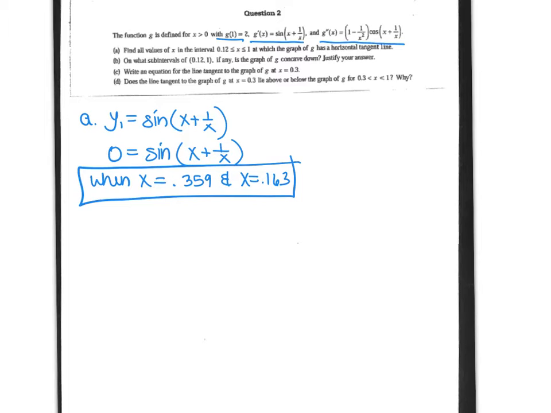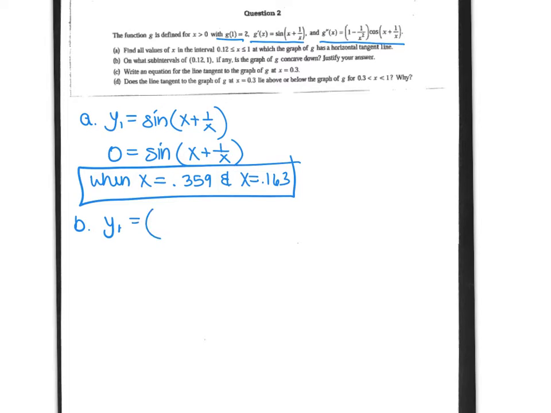So what tells us concave down? Our second derivative, okay? So at that point, I graphed my second derivative. So now I changed my y1, or you could even change it to y2 if you would like.